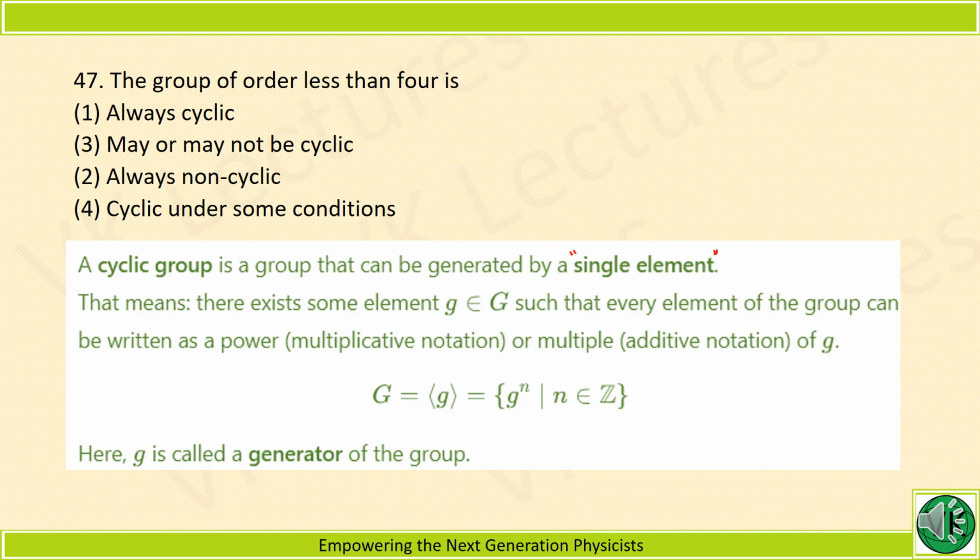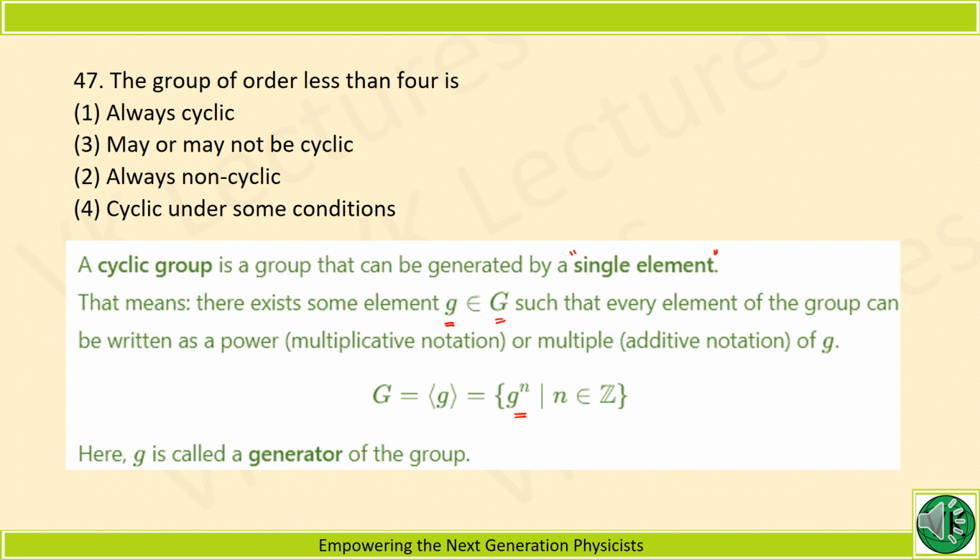That means that there exists an element g which belongs to the group such that every element of the group can be written as a power, that is the multiplicative notation, or addition of g, such that g to the power n. This need not always be power, it can be additive also.